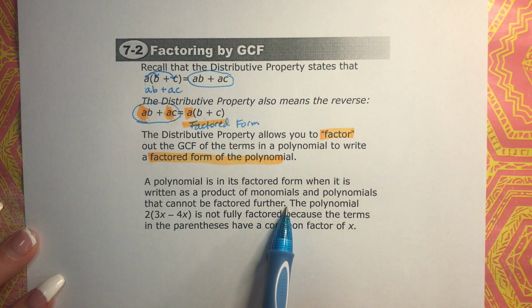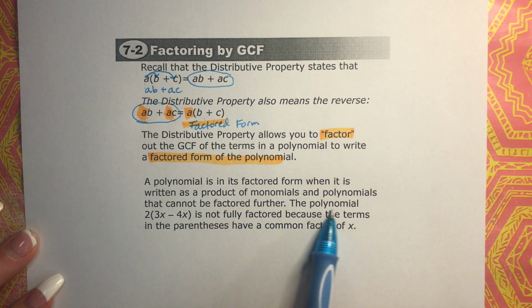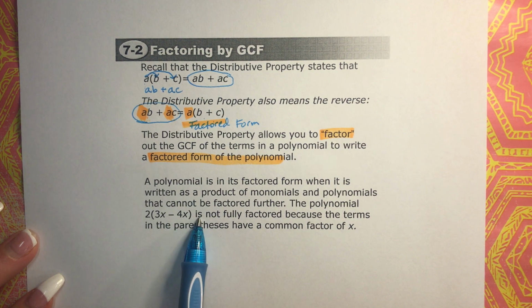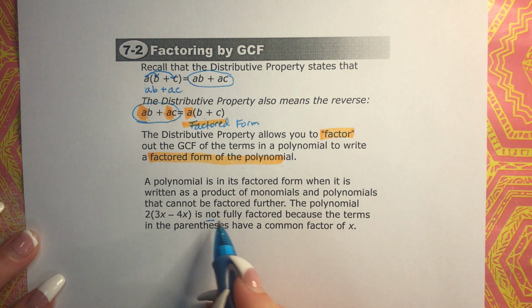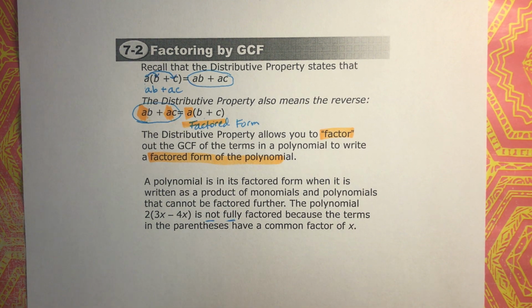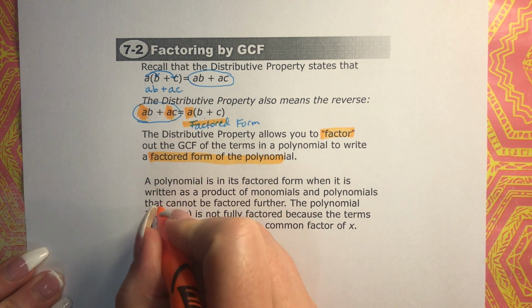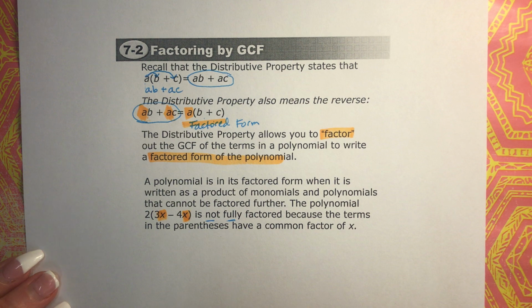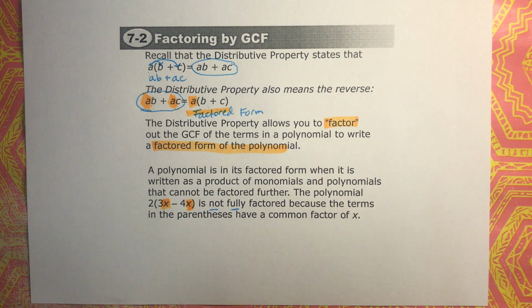A polynomial is in its factored form when it is written as a product of monomials and polynomials that cannot be factored further. The polynomial 2 multiplied by the quantity 3x minus 4x is not fully factored. Can you guys tell why? It's not fully factored because the terms in the parentheses have a common factor of x.